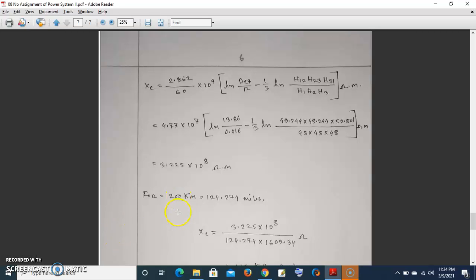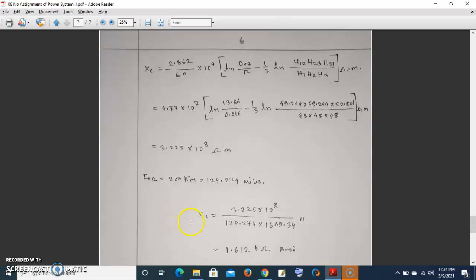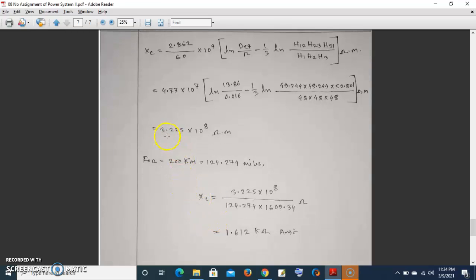Now for the 200 kilometer, we convert it to miles, 124.274 miles. For 200 kilometer, the capacitive reactance XC equal to 3.225 into 10 to the power 8 ohm meter divided by the miles, 124.274 into 1609.34.